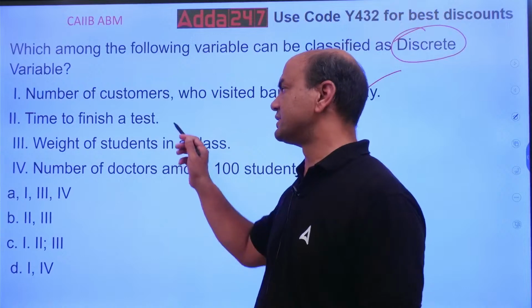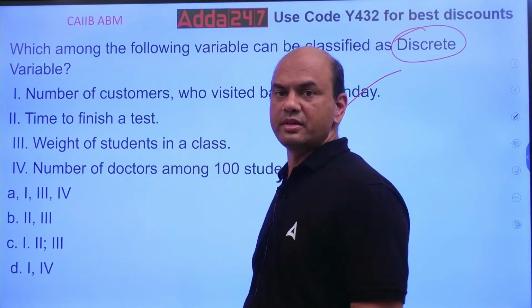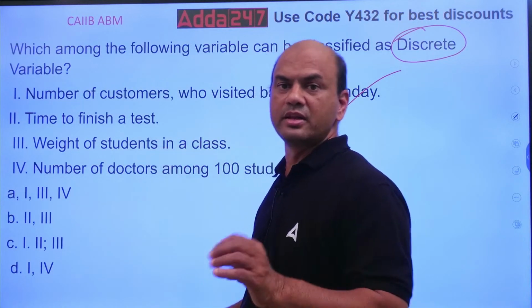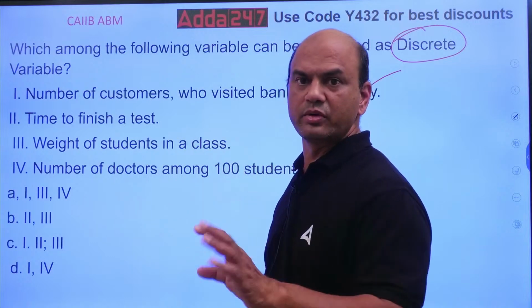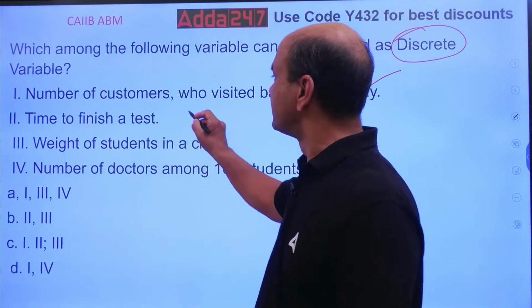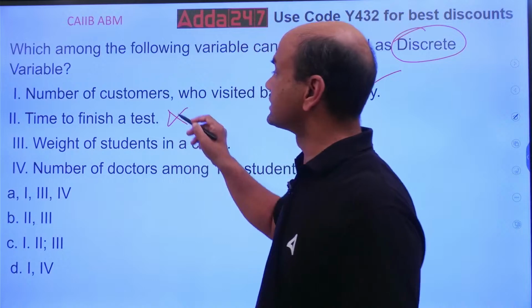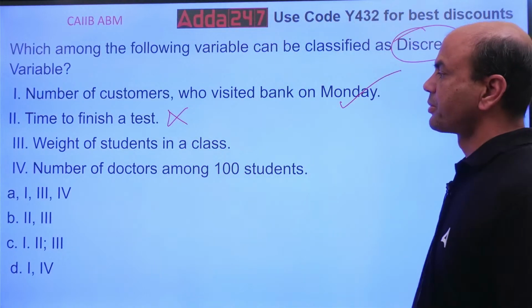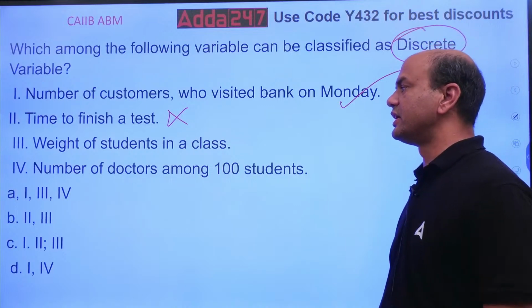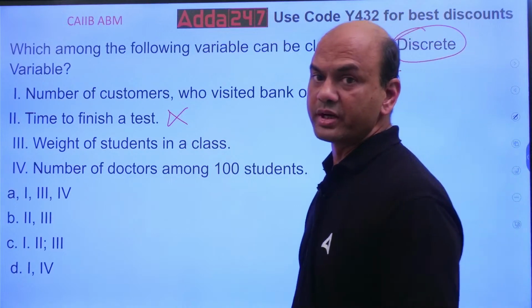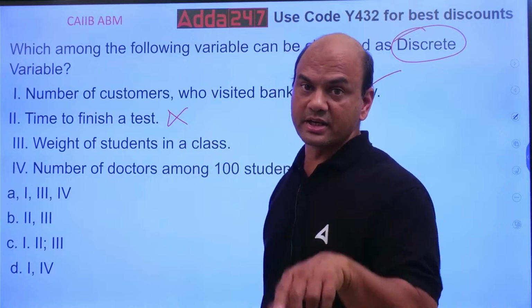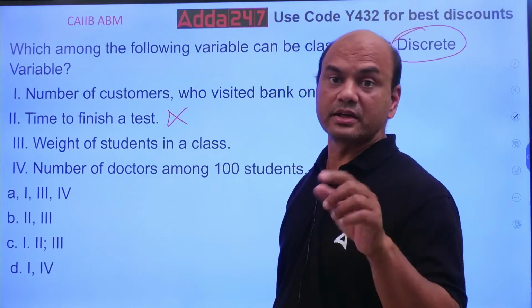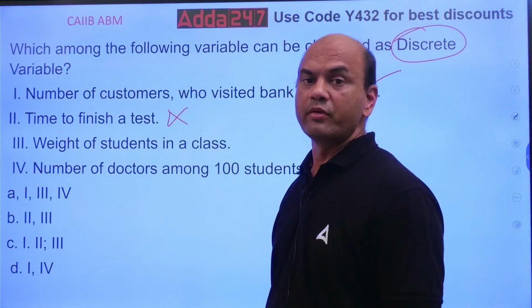Time to finish the test. This time is a continuous variable. It will never be counted in 1 second count, 2 second count. So this is not discrete. This is continuous variable. We want discrete. Weight of the students in class. Here, students are discrete, but weight is not discrete. Weight is a continuous variable. Why?